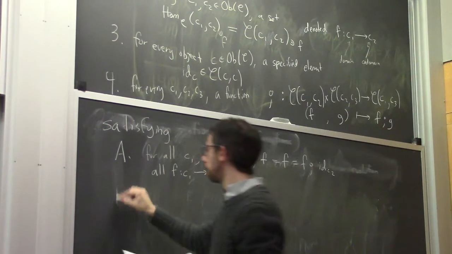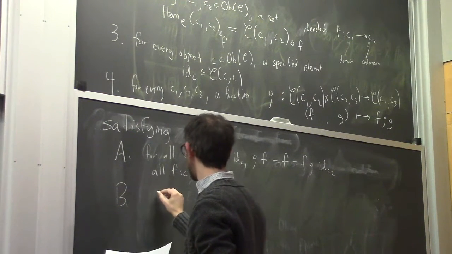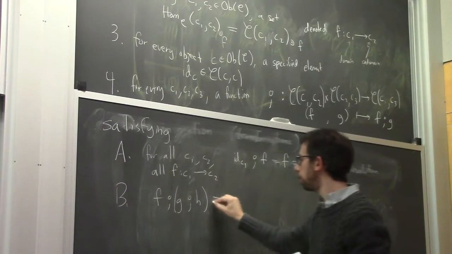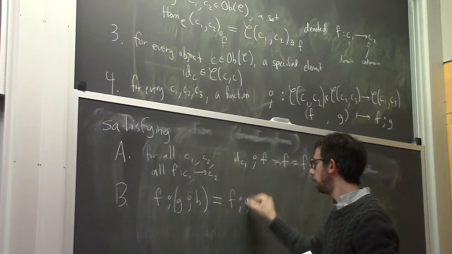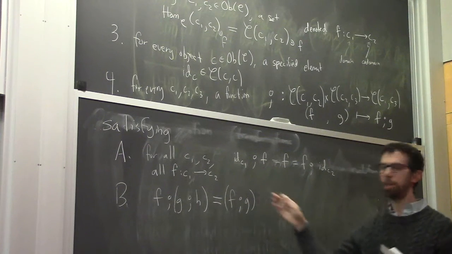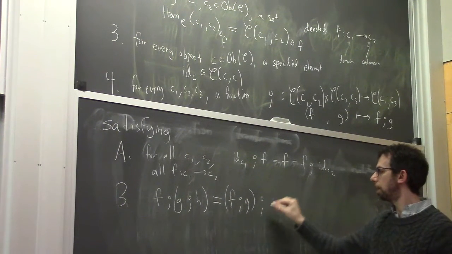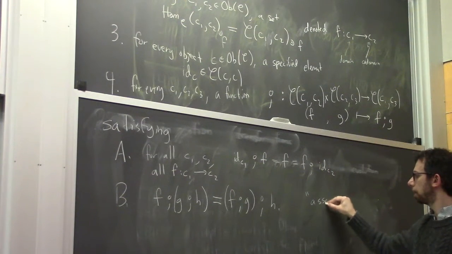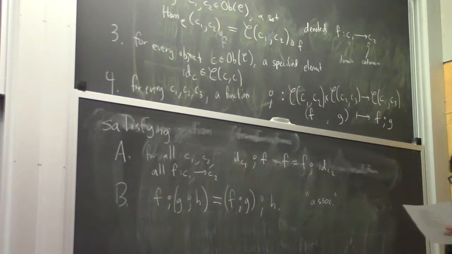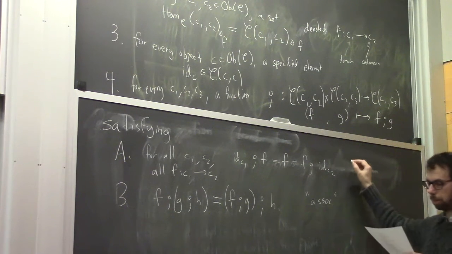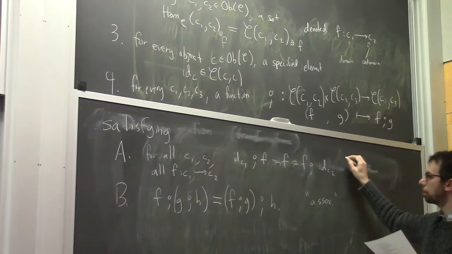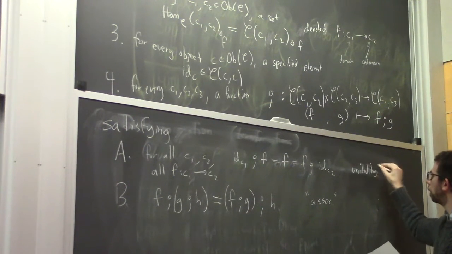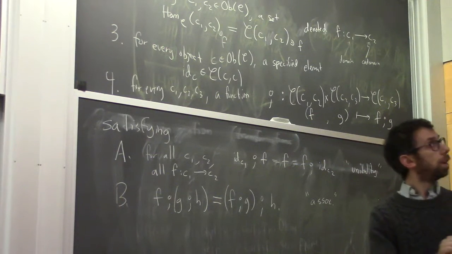And B, basically that if you have F, G, and H, you can compose them in any order. I'm not writing the quantifiers for all C1, C2, C3, C4, etc. This is called associativity. This is called unitality. Identity is a unit.